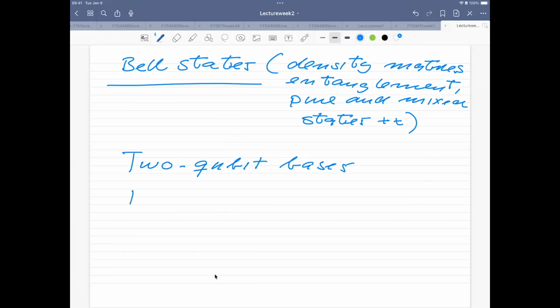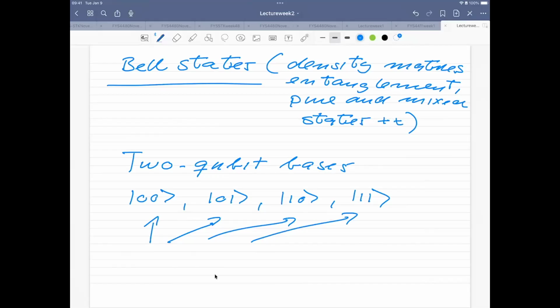So we have seen the states 0,0, 0,1, 1,0 and 1,1. So this is a complete computational basis. It's orthogonal, but the thing is that all these states are what we call product states. So all these states which you see here are product states.